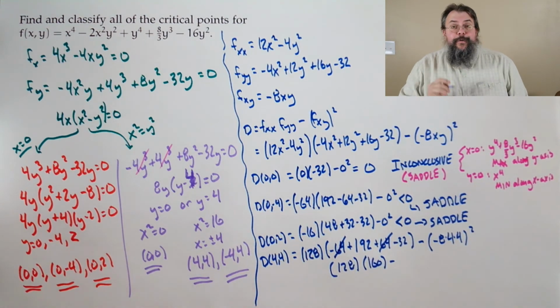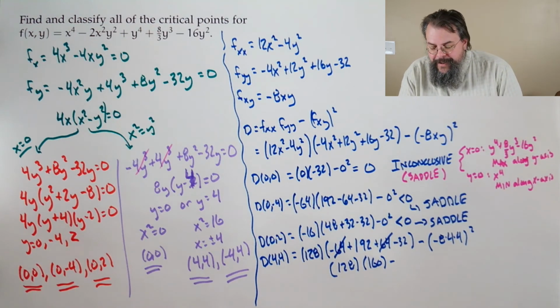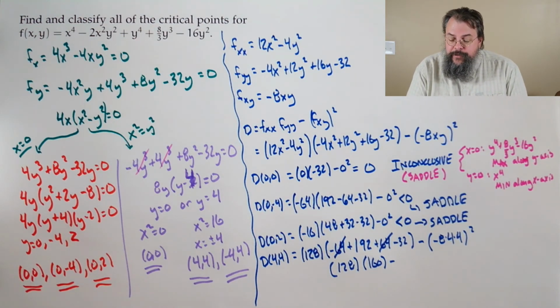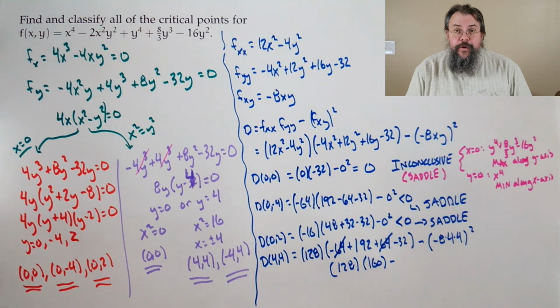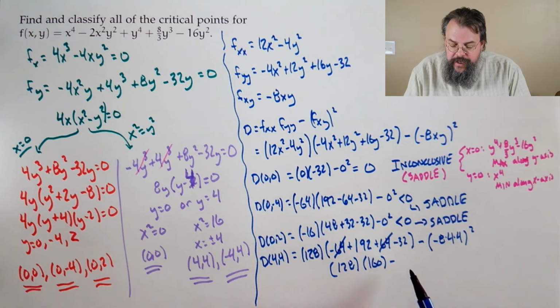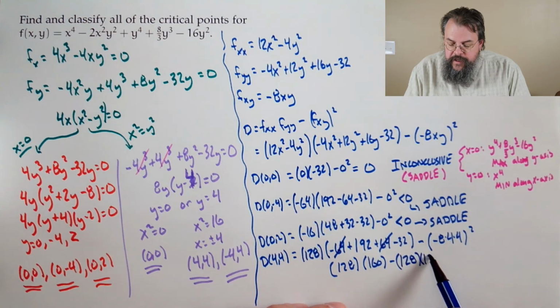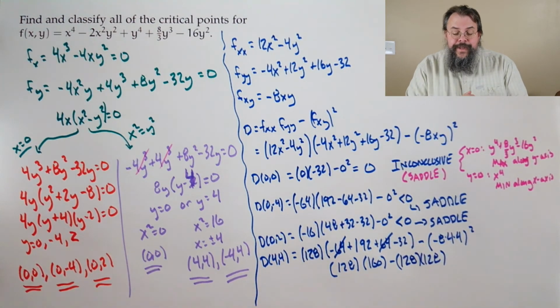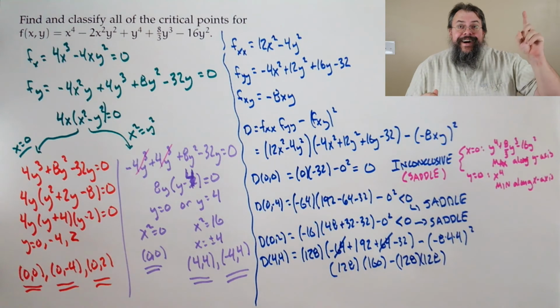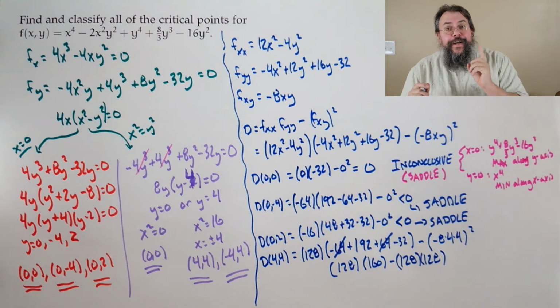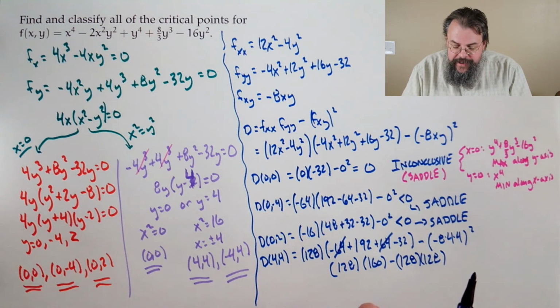Now, 8 times 4 times 4. What is that? Well, 8 times 4 is 32, times 4 more makes 128. So subtract 128 squared, which is 128 times 128. And now we're like, aha. We don't care about the value, we care about the sign.